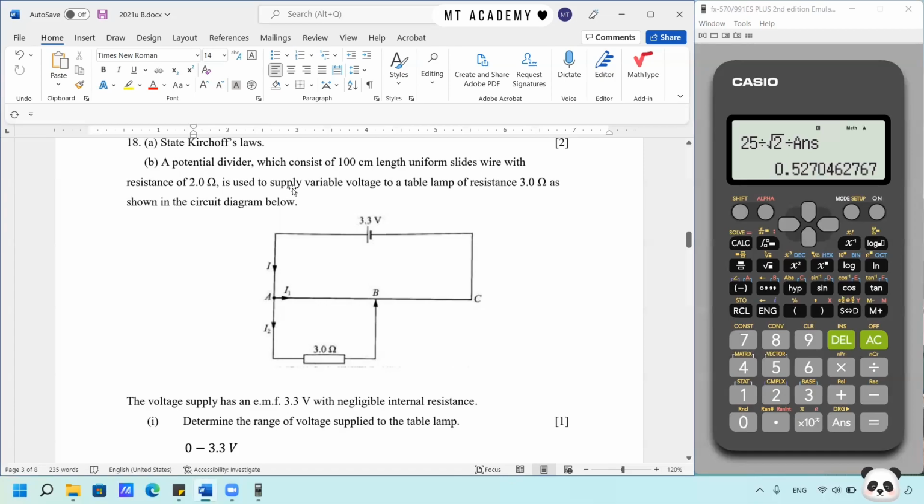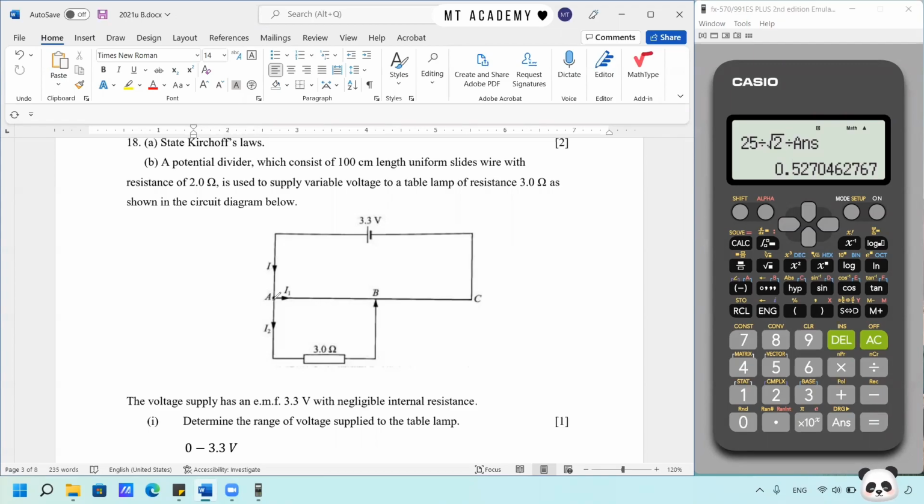So you have learned how the potential divider can be used to supply variable voltage, that we just move the jockey, also known as a slider, at point B between point A and C. So the range means that you need to obtain the minimum and the maximum value. The minimum is when point B is connected to point A, where the voltage is equal to 0 volt.